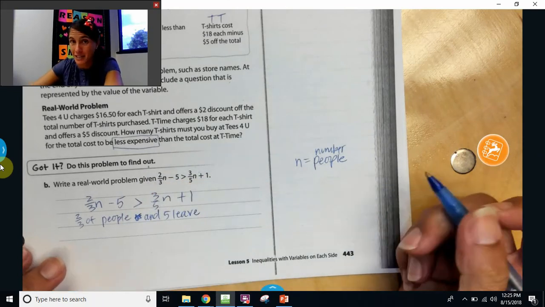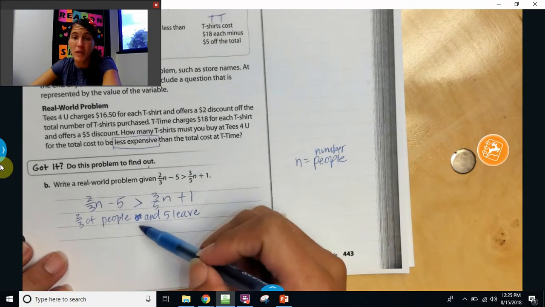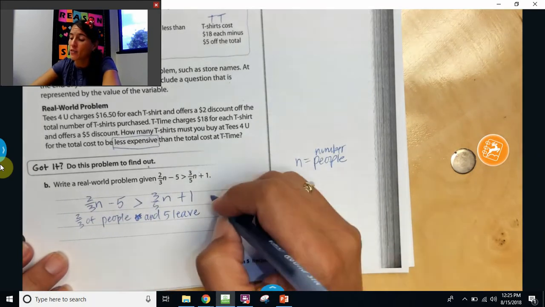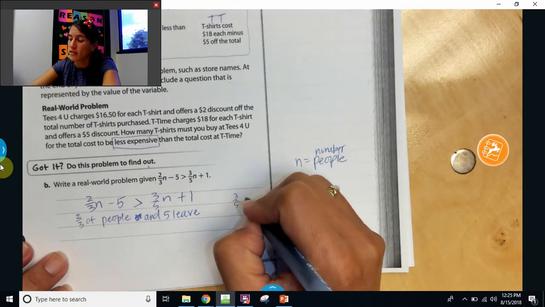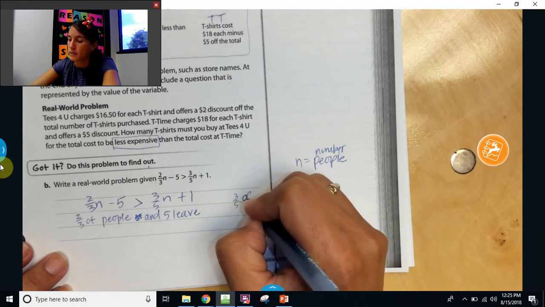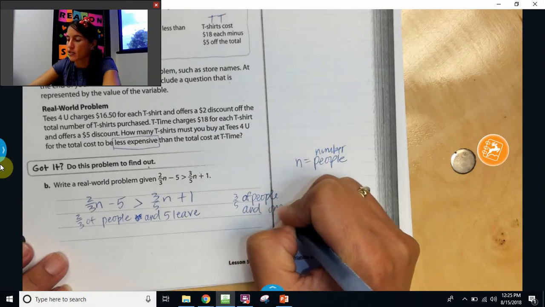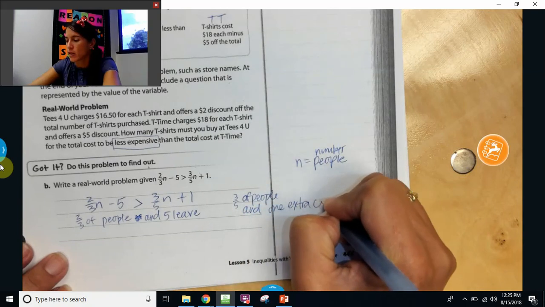So again, I'm making this up, and you see it's not just coming quick. 2/3 of the people are at the football game and 5 leave because it's minus 5. And then we have 3/5 of the people are at the game and 1 extra comes.